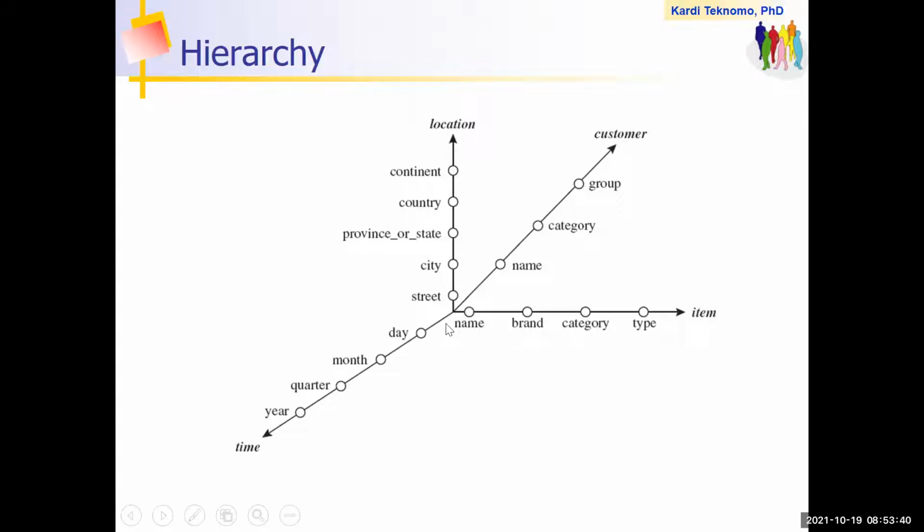And then customer, the same thing. Customer is another dimension, so you have a group of customers, the category of the customer, or the name of the customer. And then you have the items, the product dimension: the type, the category, the brand name, the name of the product itself.